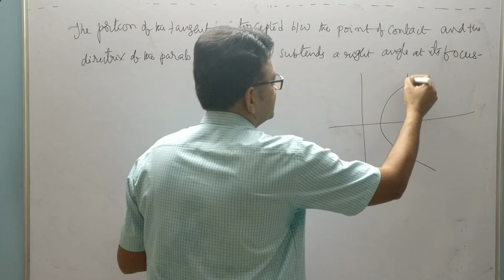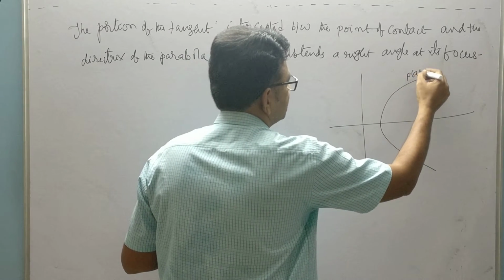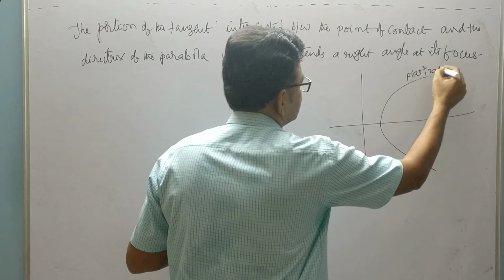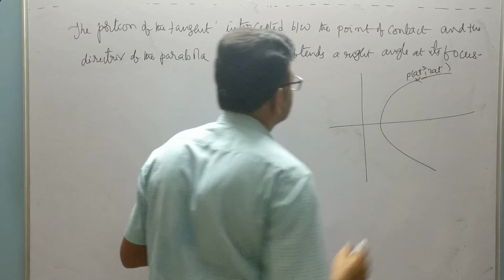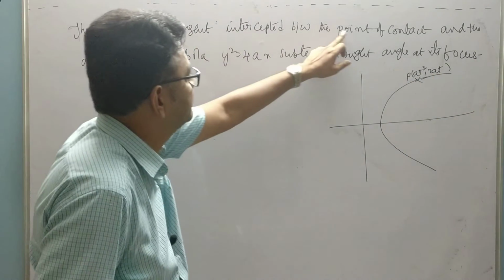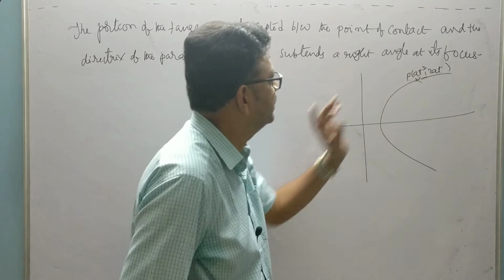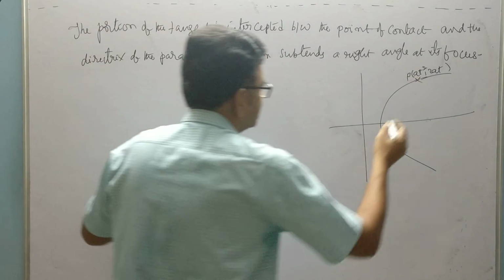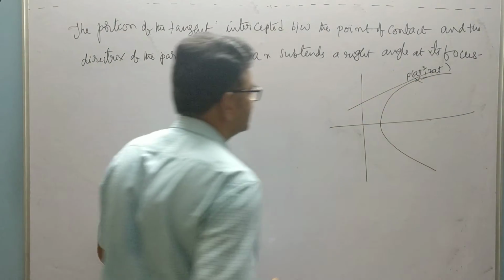So this point is P, (at square, 2at). The portion intercepted between the point of contact, this is the point, and the directrix. So this is the directrix.